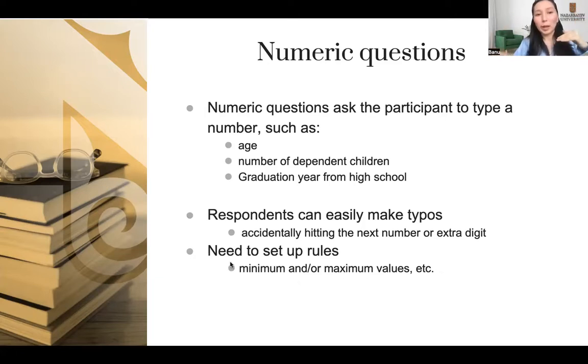For example, for age, probably nobody should type in age 0 or age 1, and also provide a whole number, not a fraction, like 17.5 and things like that.